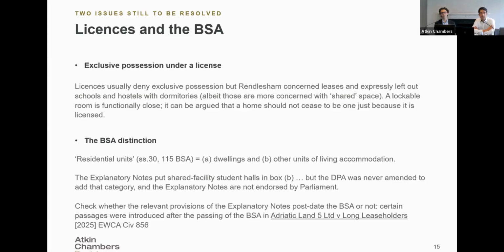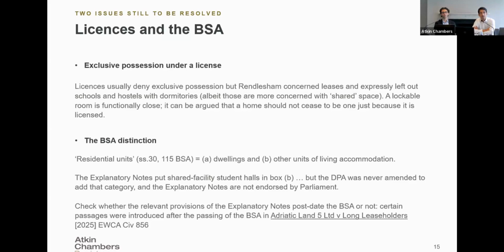The explanatory notes do talk to the BSA, do talk about this, and actually say that shared facility student halls are more likely to be units of living accommodation. But one has to be very careful about relying on those explanatory notes, given that they're not endorsed by Parliament.